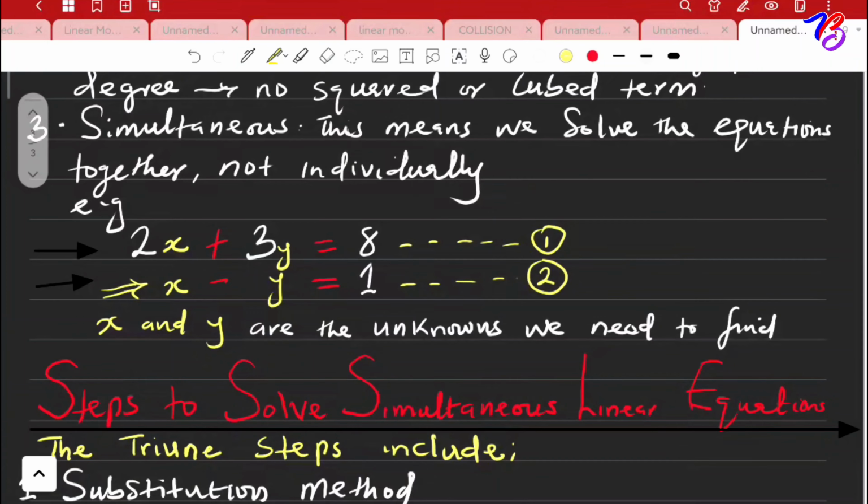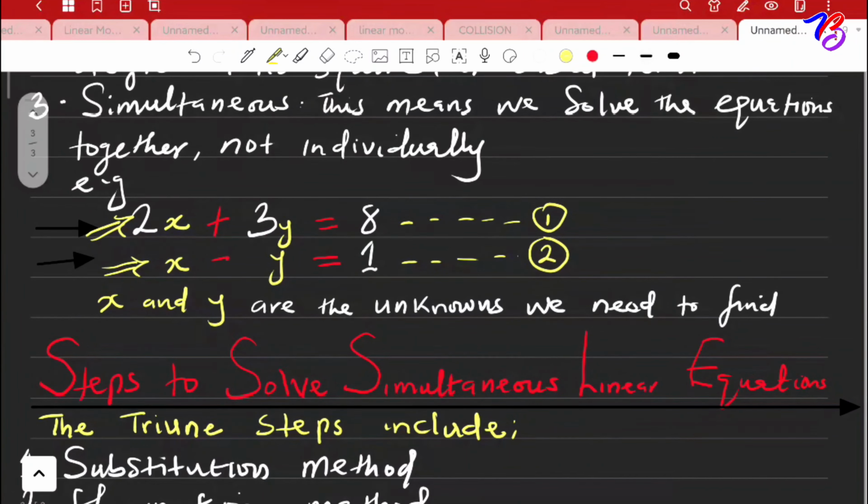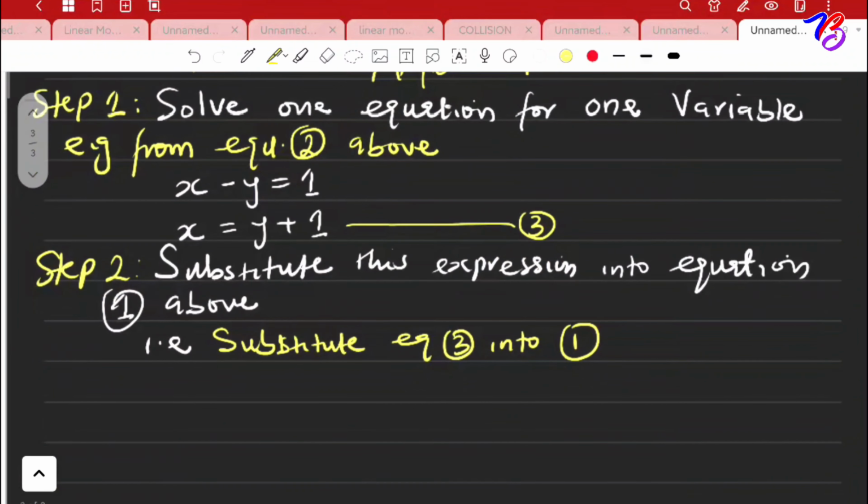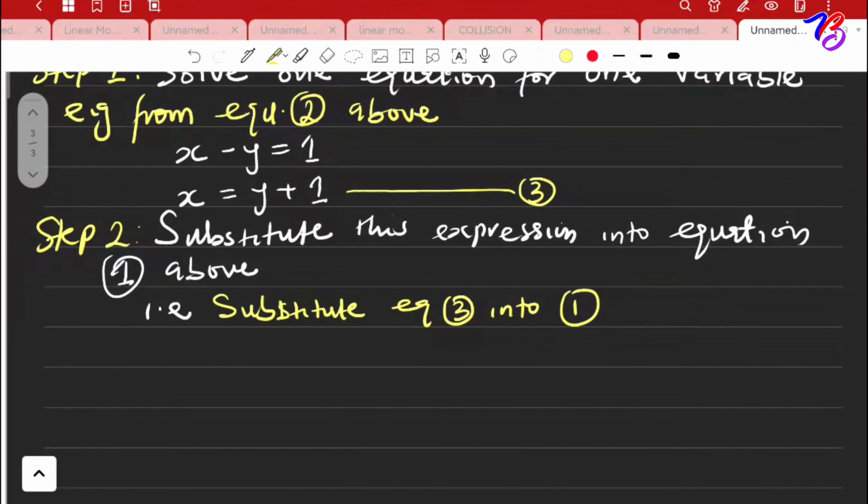Let's copy equation 1. We have equation 1 to be what? 2x plus 3y is equal to 8. So let's write that now. 2x plus 3y is equal to 8. So recall that our x is equal to y plus 1.